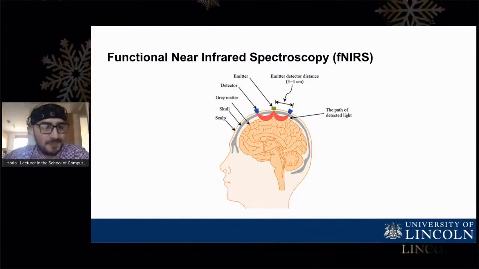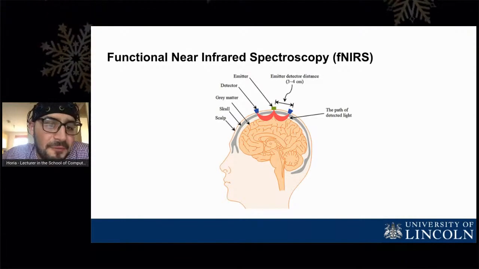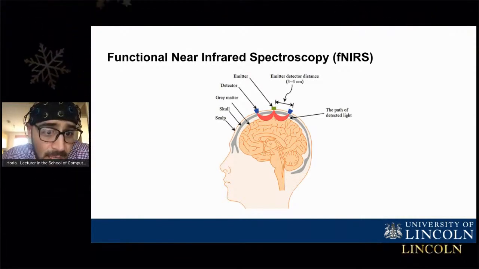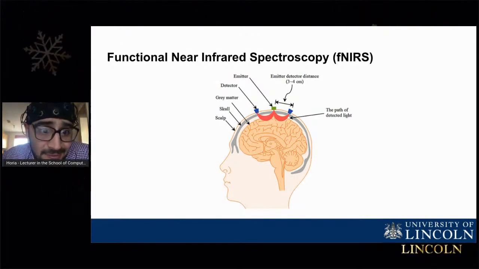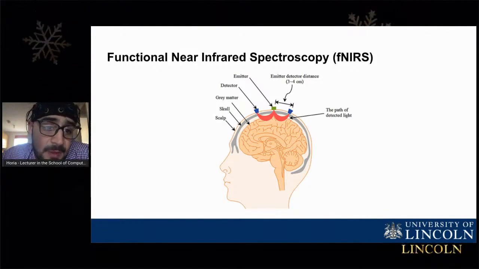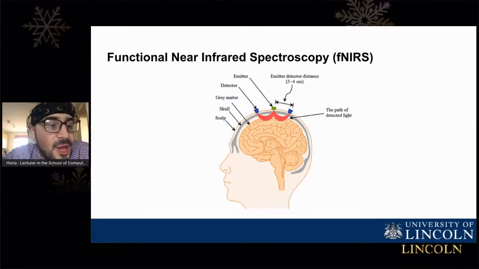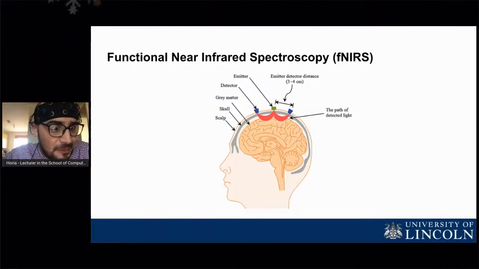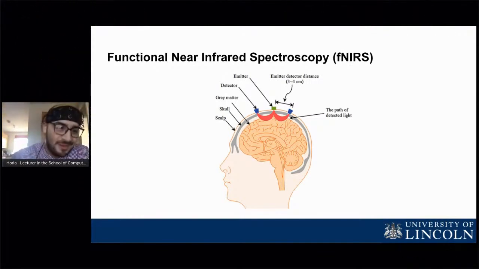As I told you, as you can see in this graph, there is something called an infrared light emitter, which you can see right in the middle of this person's head or skull, and some detectors. The way it works is you shine light through your skull, and tissue is transparent to light, so the light actually goes right through it.